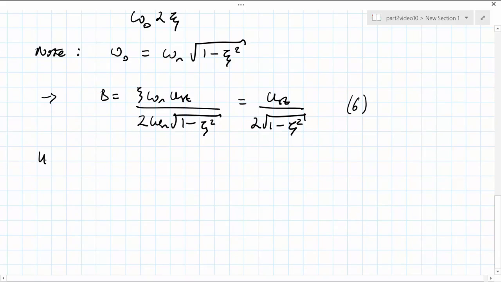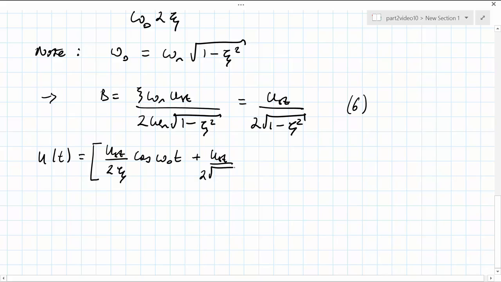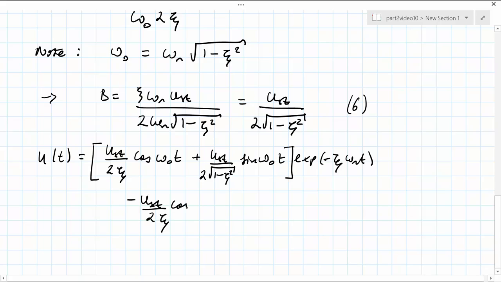The response then, by substituting in for A and B, now becomes u static over 2 zeta times cosine omega d t plus u static over 2 times the square root of 1 minus zeta squared times sine omega d t, times the exponential function of minus zeta omega n t, minus u static over 2 zeta times cosine omega n t.